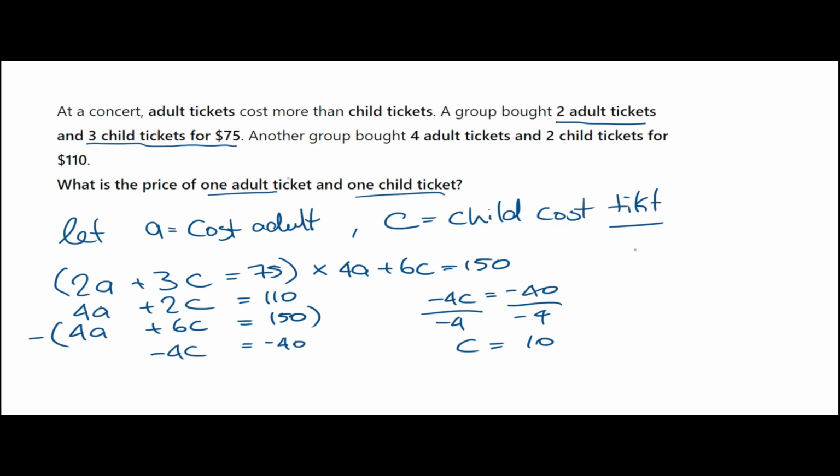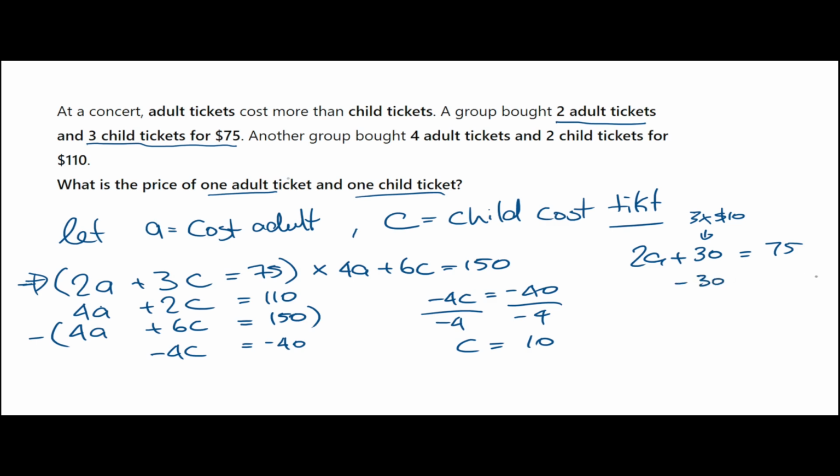So now we need to find out how much an adult ticket is. Let's take this top equation here. So 2 adult tickets plus 3 children's tickets, which is going to be $30, 3 times $10, equals $75.